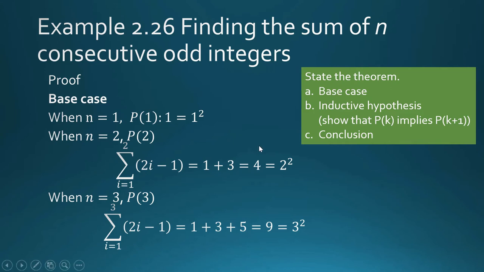Again, if we were to go back to the principle of math induction, it is not necessary to show that the proposition is true when n is 2 and 3. In fact, all you have to do is show that the proposition is true when n is equal to 1. When I was a student, I was doing this for myself. I just want to be convinced that the proposition is true.